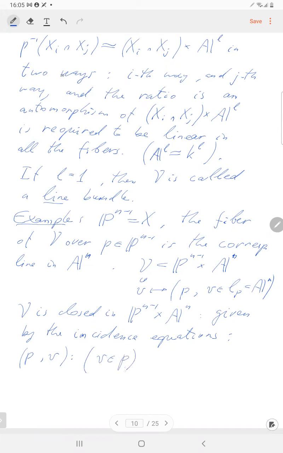Okay, and in coordinates you can write it down, and you will have this affine blow-up equation, something like this. Okay, so now we have a projection from this V to the projective space, but on the other hand, we have the projection to the affine space.